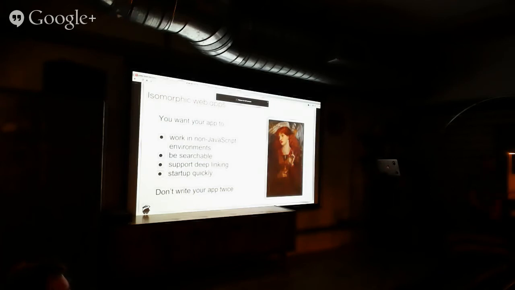I think only about half of 1% of traffic comes from a JavaScript-disabled environment, and from what I can read, I can't really tell what they are. I don't think anybody really knows who these clients are. I don't think they're humans who have turned JavaScript off.